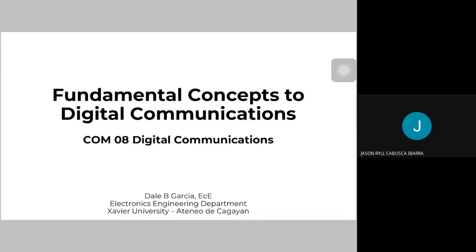Some topics here, even for the next few meetings, might be a review, or it might be tackled again in the future. But it's important for us to know this now because this will be not only fundamental but significant to the study of digital communications.